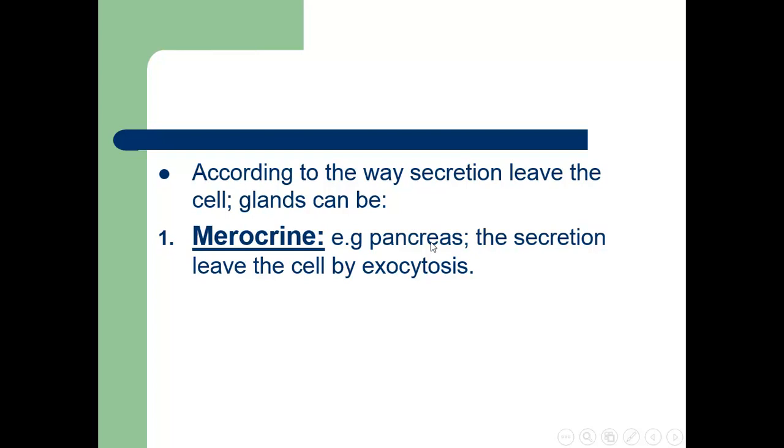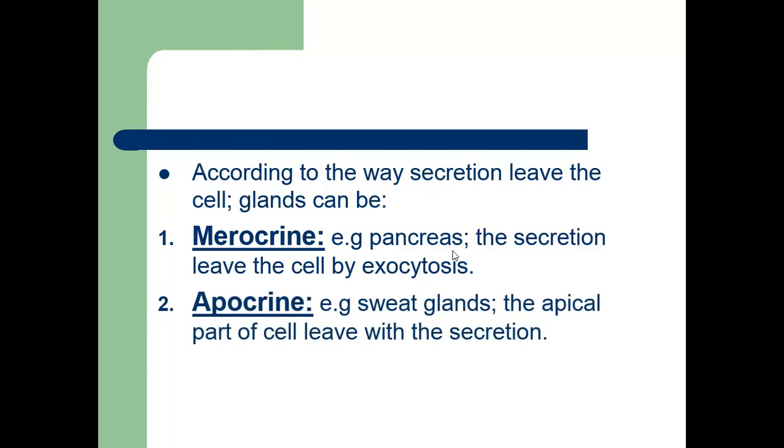Good example for this is pancreas. Here the secretion will leave by exocytosis. The enzymes will leave the cell without taking part of the membrane of the gland, but in other glands called apocrine, apo from the word apical, so here we will lose the apical part of the cell with the secretion.